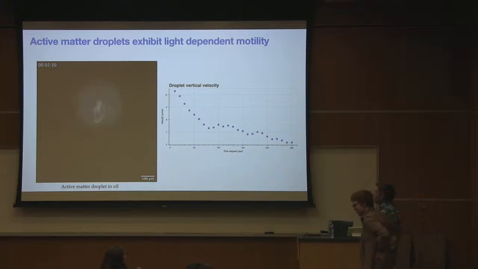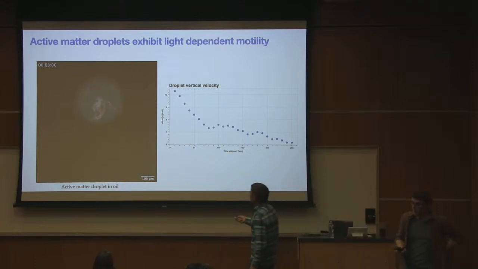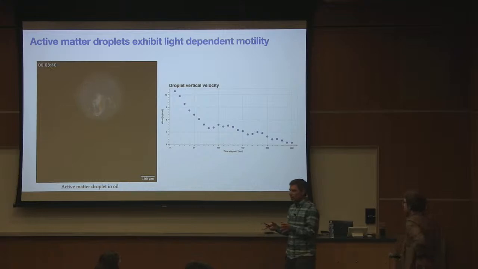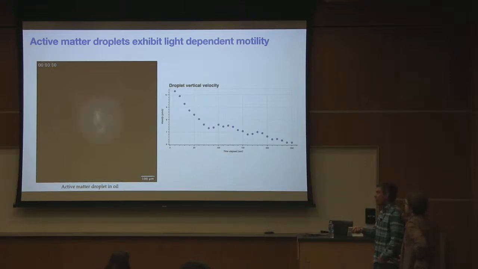That's a fantastic question. It gets at the heart of the thing too, because you can't really see it here, but one thing is that it looks like there's a critical size. The droplets below a certain size don't move. The other thing is we think right now it is kind of like spontaneous symmetry breaking, where you shine a light and it goes in a direction.